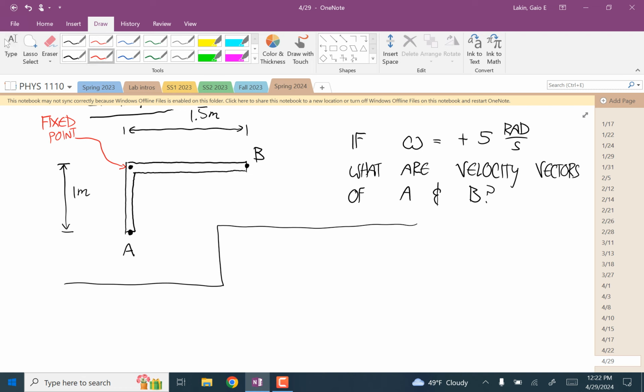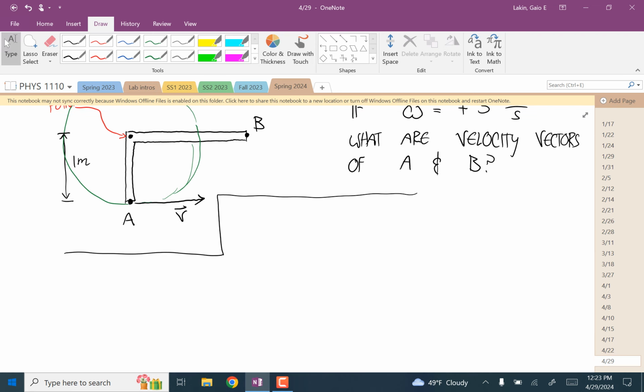Well, first I'll do A. So let's visualize the circle that A is moving in, okay? It's something like this, right? The angular velocity is positive, so which way is this point moving around that circle, clockwise or counterclockwise? Counterclockwise, and so from that you know that the velocity of A is in this direction. Is everyone with me on that?